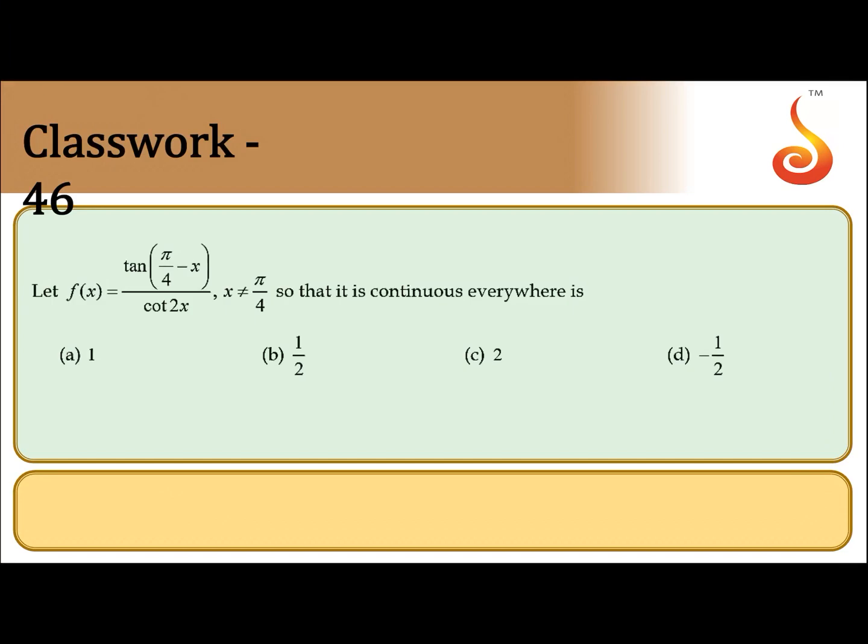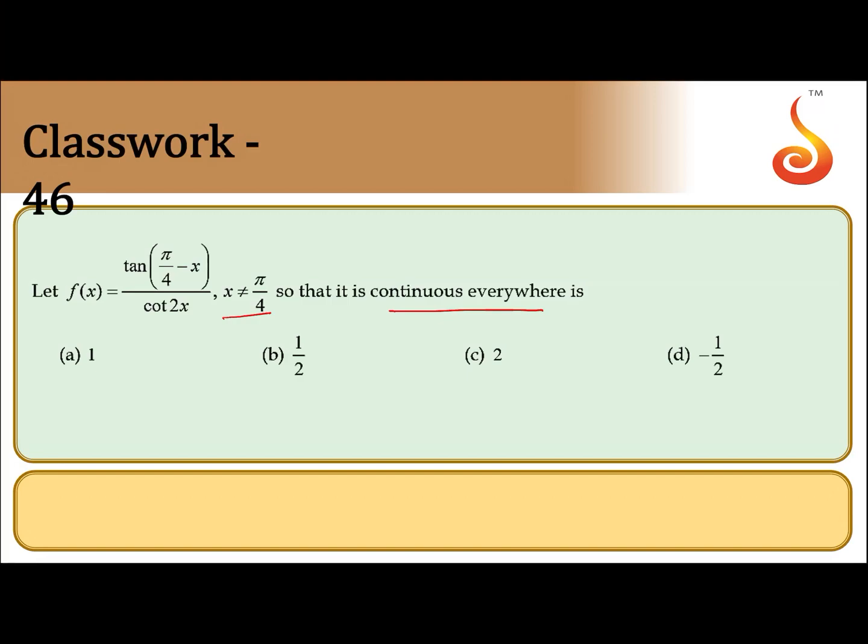Coming to the next, 46. Let's see, the function is continuous everywhere, so at x equals pi by 4 it is also continuous. But when you substitute pi by 4, it is in the form of 0 by 0. So let me calculate the value of the function at this point.